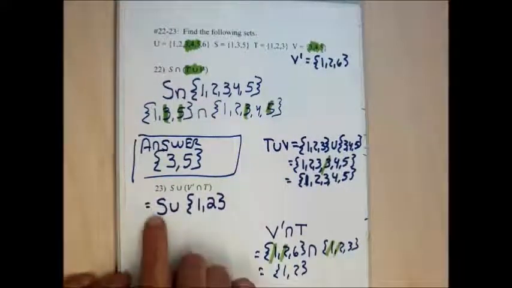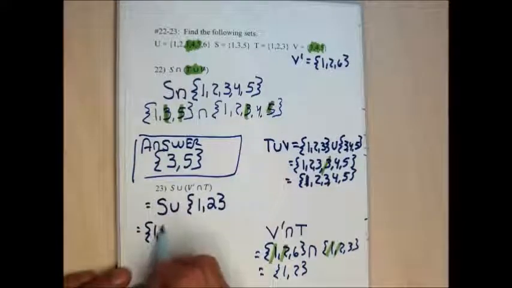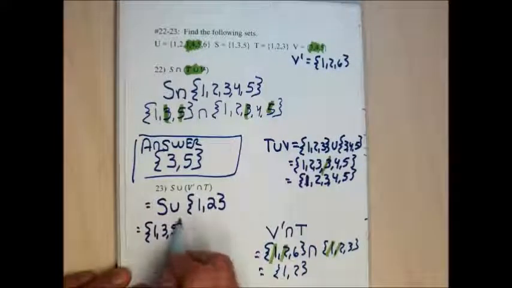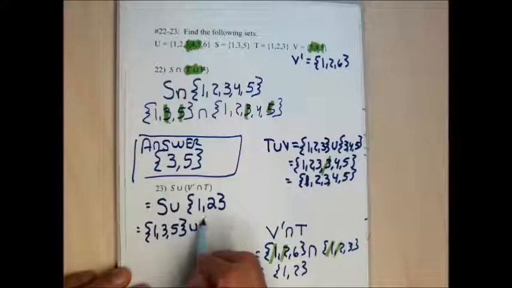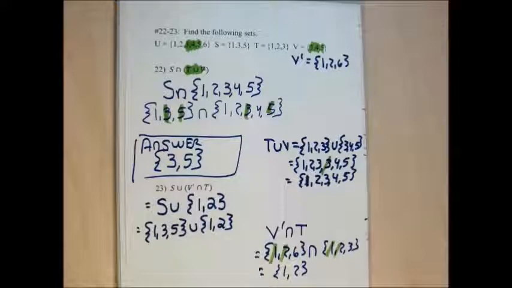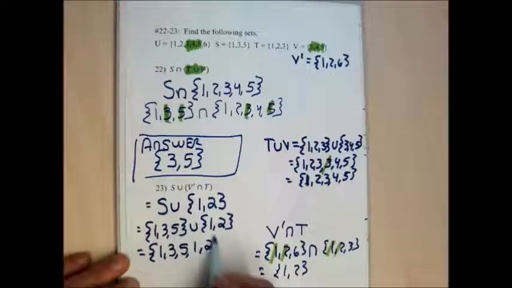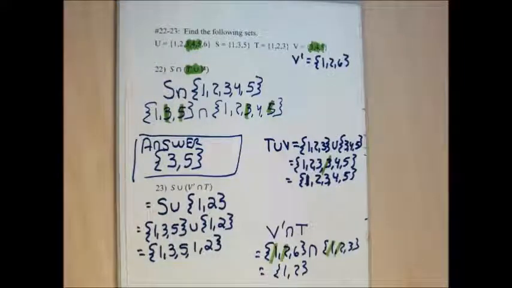Now I'm going to change the S to 1, 3, and 5. I'm going to leave the union symbol between the sets. And now I'm going to union these two sets. To union two sets, I take every element in the first set and every element in the second set, and I join them in a big set.